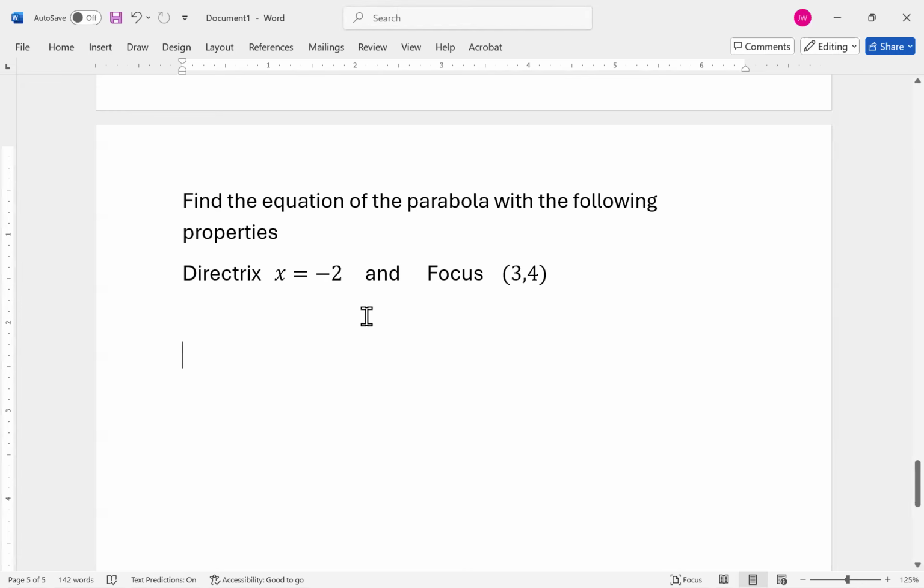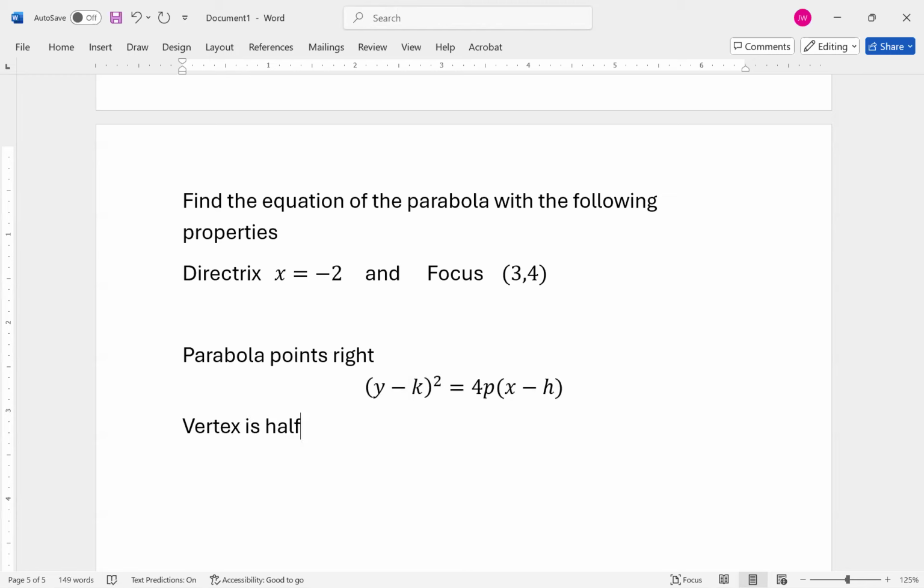We are ready to do the problem. The parabola points right, so I know it's going to have the form where we do the (y minus k) squared. The vertex is halfway between the directrix and the focus. It's equidistant from the directrix and the focus.